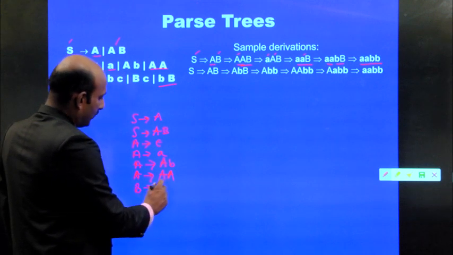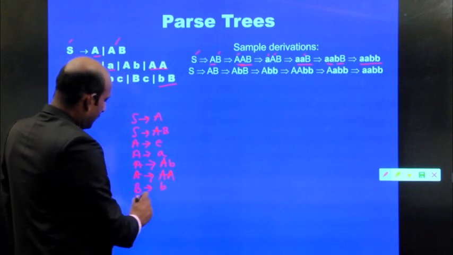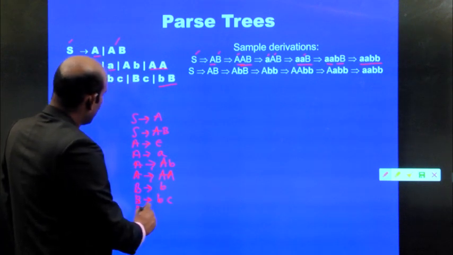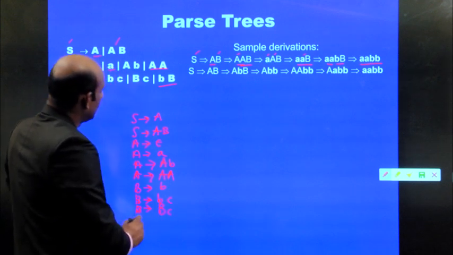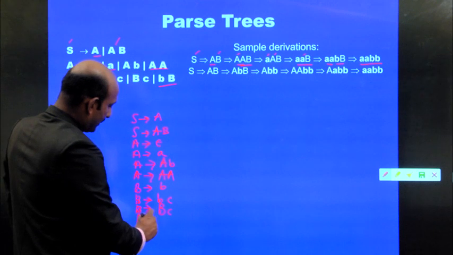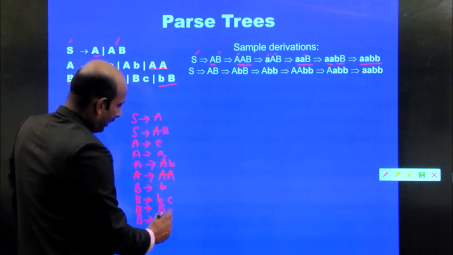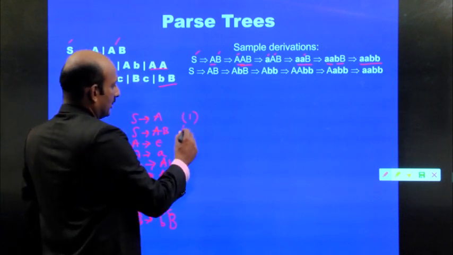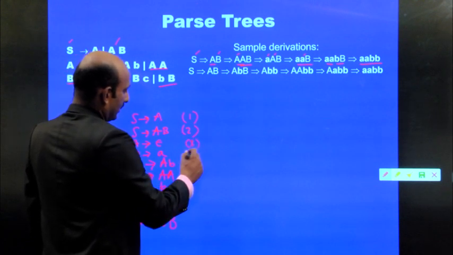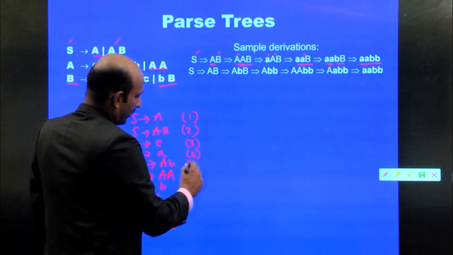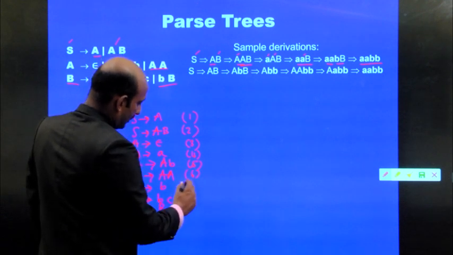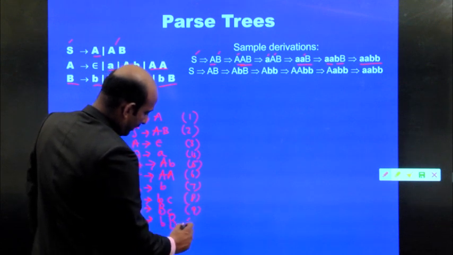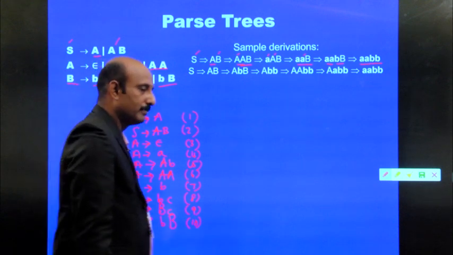B implies small b, and B implies BC, and the next B production implies BC, and B implies small b and capital B. So we may go for numbering these 1, 2, 3, 4, 5, 6, 7, 8, 9. So totally we have 10 productions.